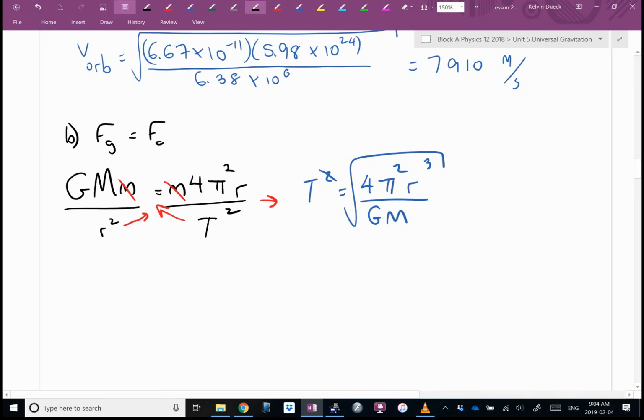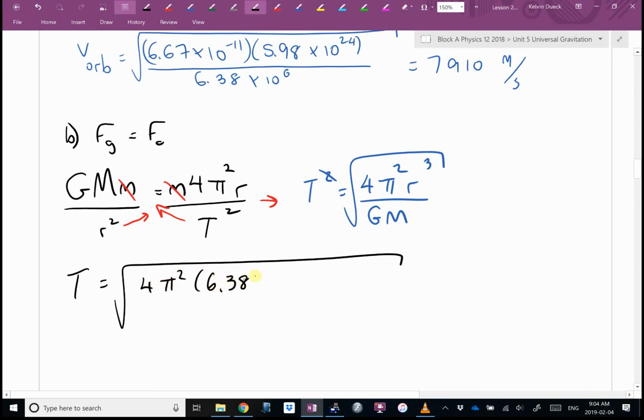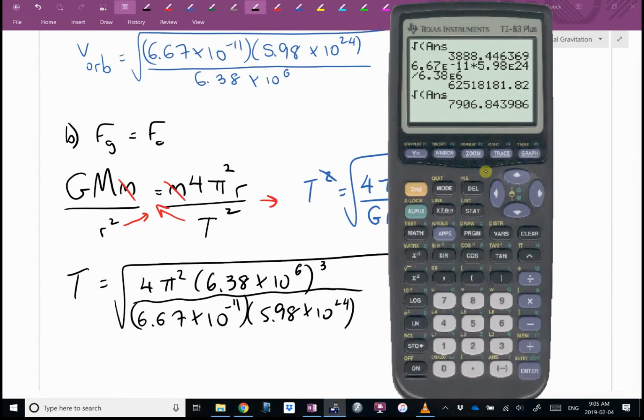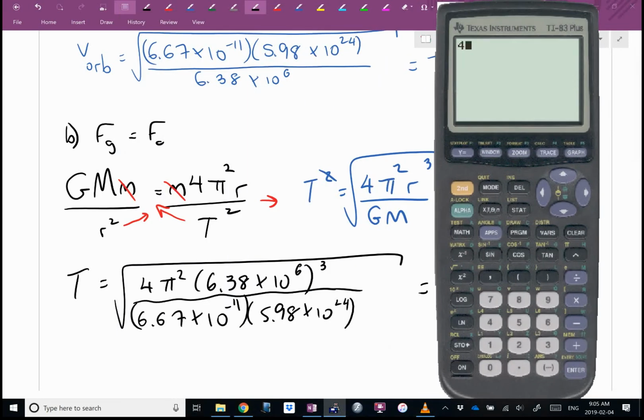We're going to get the square root of 4 pi squared times (6.38 times 10 to the 6th) cubed, all over 6.67 times 10 to the negative 11 times 5.98 times 10 to the 24th. Need to make sure you can remember how to cube things. 4 pi squared, 6.38 times 10 to the 6th, all to the 3rd power.